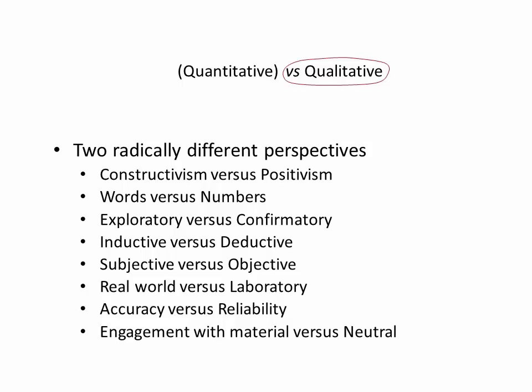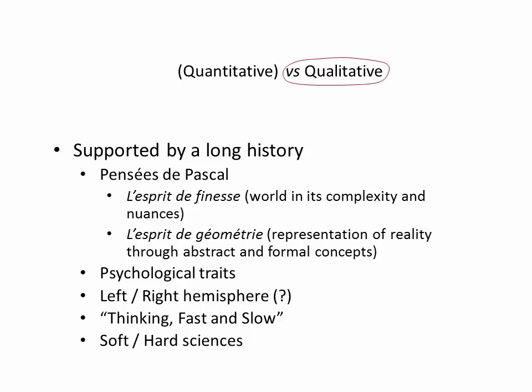Okay, so it seems that there is a big separation between this quantitative and qualitative approach, and this is supported by a long story. You know, Pascal, the philosopher, 400 years ago, separated l'esprit de finesse from l'esprit de géométrie.